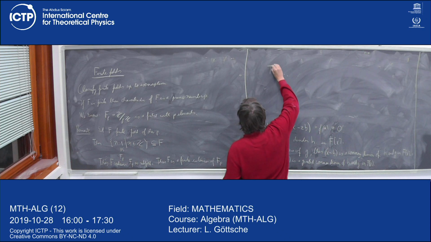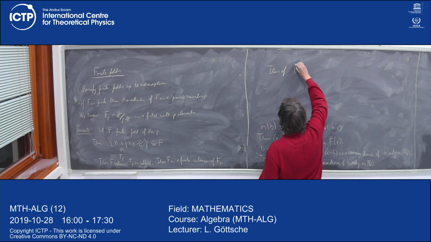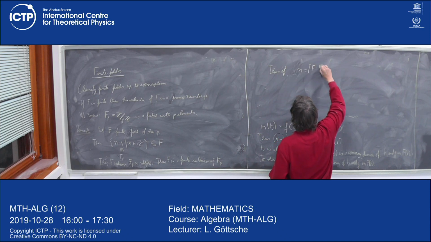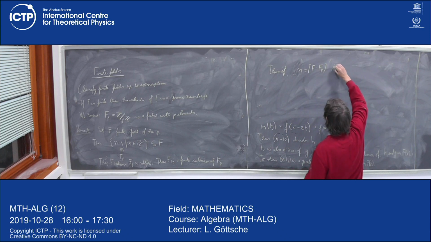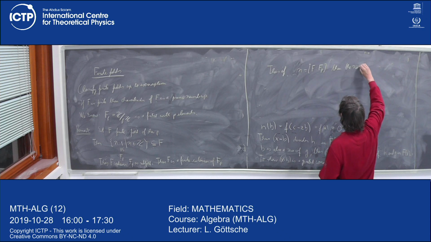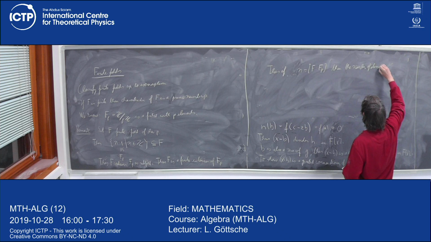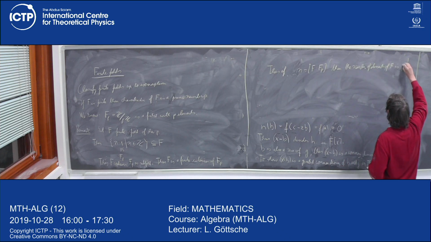Thus, if n is equal to the degree of F over Fp, then the number of elements of F is p to the n.